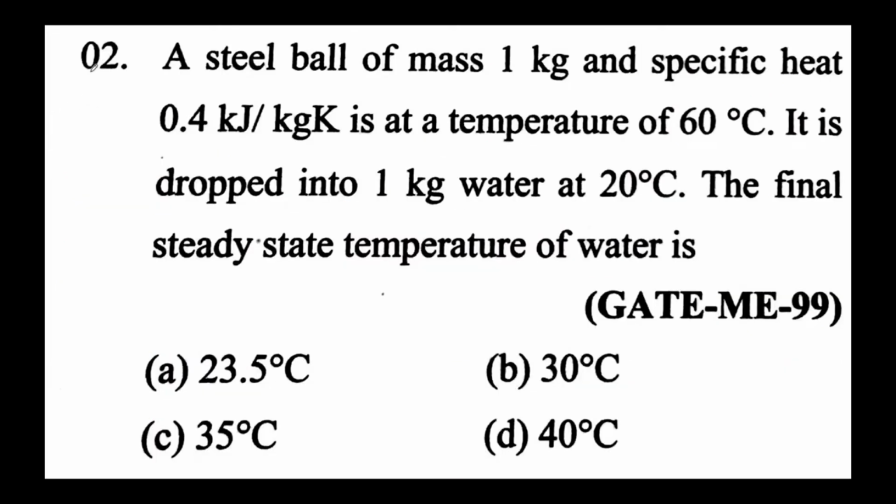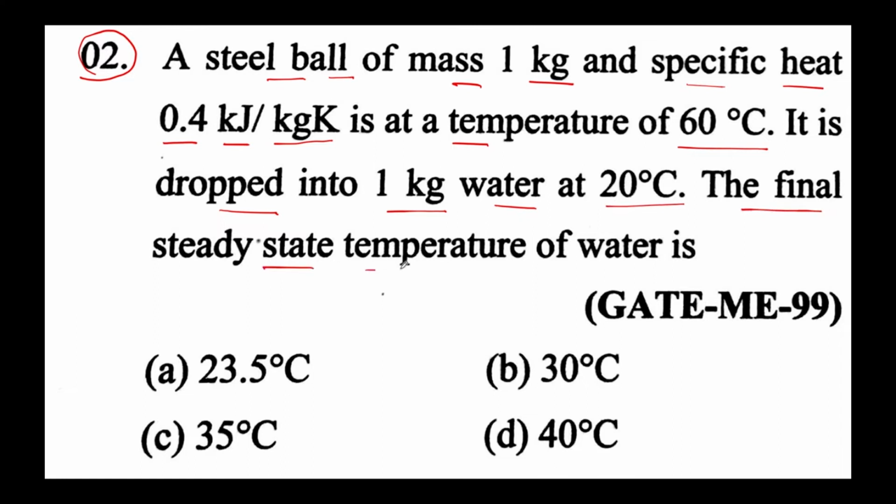Here is the next question. A steel ball of mass 1 kg and specific heat 0.4 kilojoules per kilogram Kelvin is at a temperature of 60 degrees Celsius. It is dropped into 1 kg of water at 20 degrees Celsius. The final steady state temperature of the water is dash.